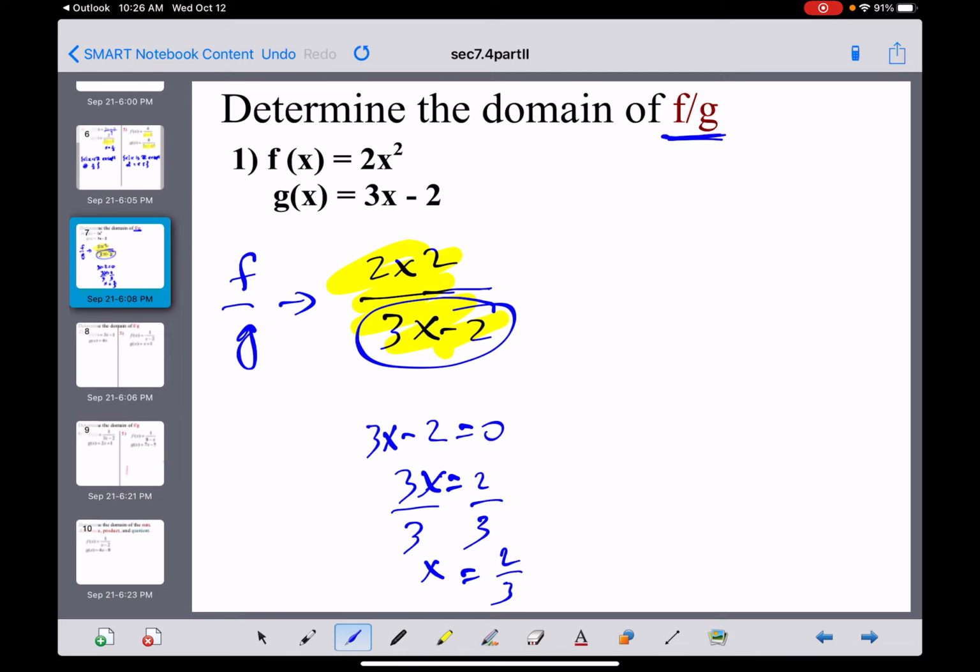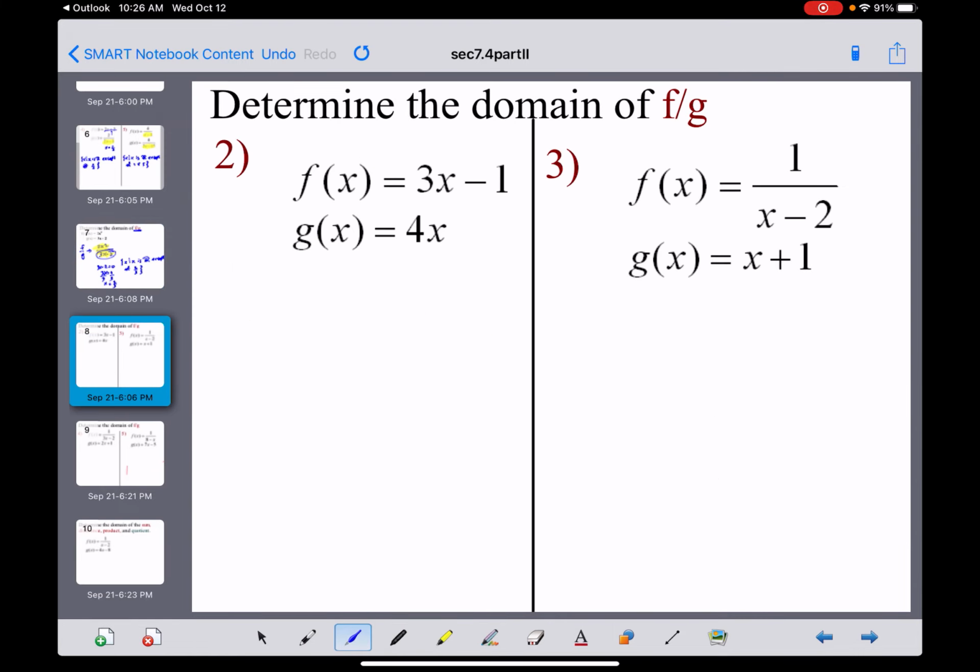So what this means is that if we graph the function, it works everywhere except at 2/3. So our domain is going to be x such that x is all real numbers except at 2/3. Okay, let's move on to the next one.